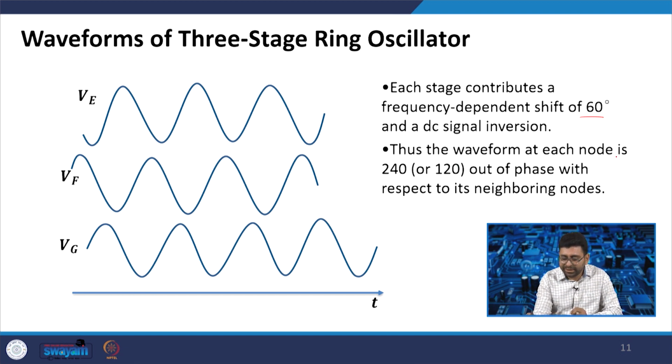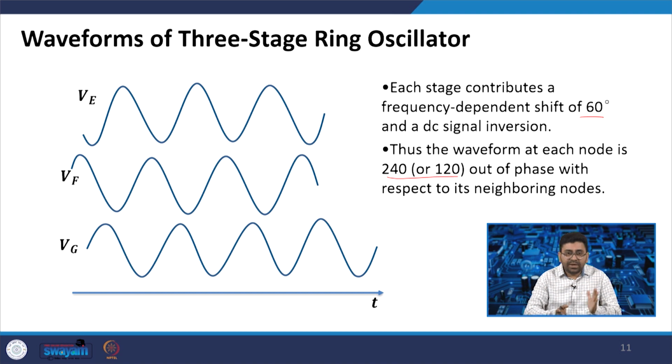Thus, the waveform at each node is 240 degrees or 180 degrees out of phase with respect to its neighbor nodes. So, if you require a different kind of phase shift, you can tap it out from a different place, or you can use some other circuitry, digital circuitry, to generate the other phase of the signal. So, this is how we can design a 3-stage ring oscillator.